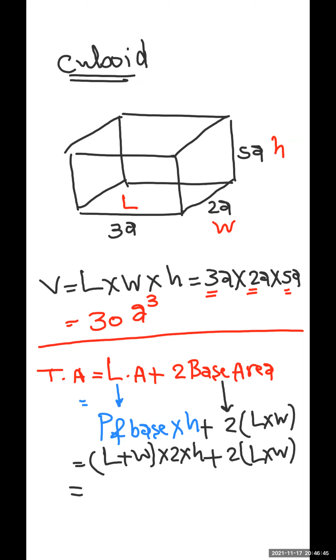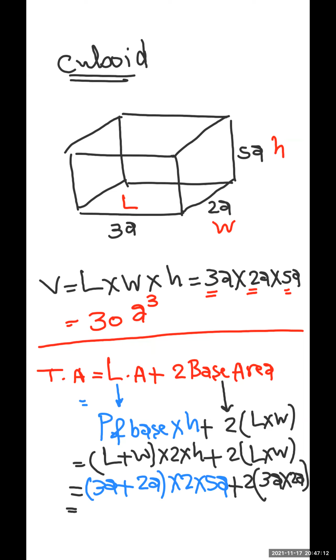Now use the given values. Length plus width times 2, 3a plus 2a times 2, times height 5a, then plus 2 times length times width, 3a times 2a. So simply here it will equal 3a plus 2a, it's 5a, times 2 times 5a again, plus 3a times 2a, it's 6a squared. 6a squared times 2 means 12a squared.